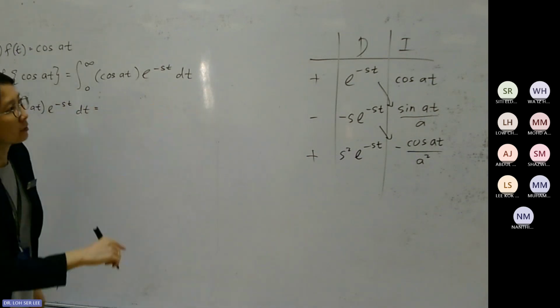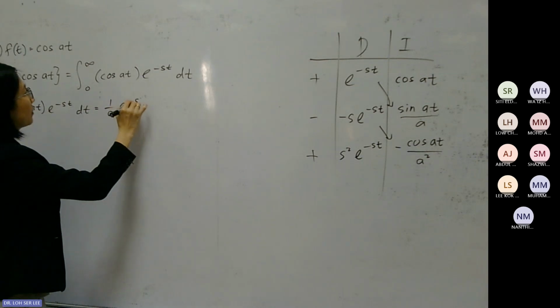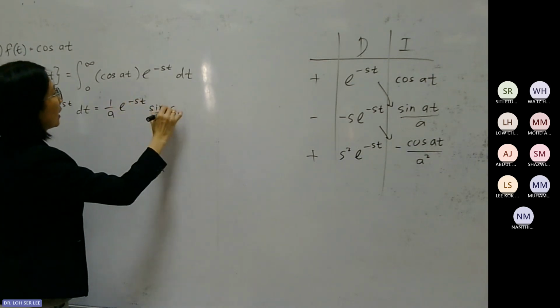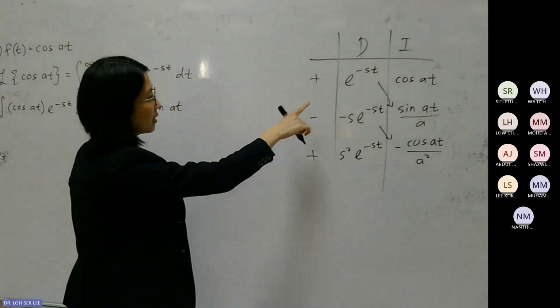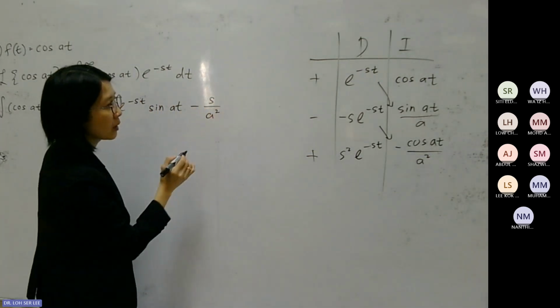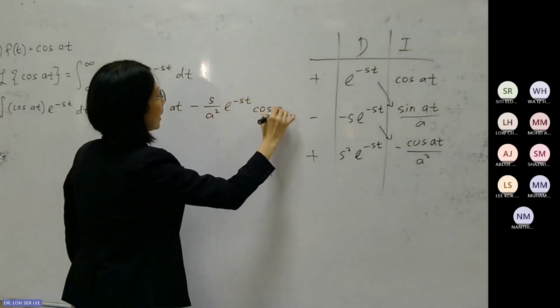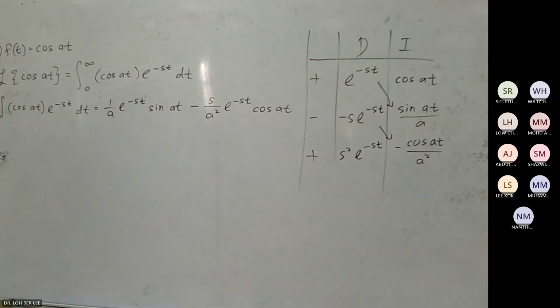So from here we have 1 over a e negative st sin at minus s over a squared e negative st cos at.